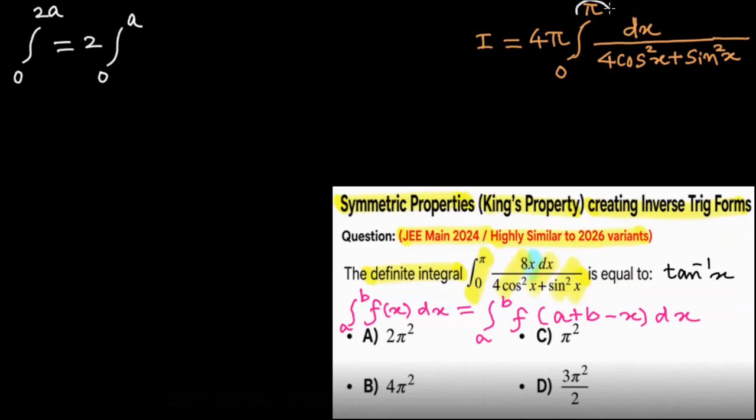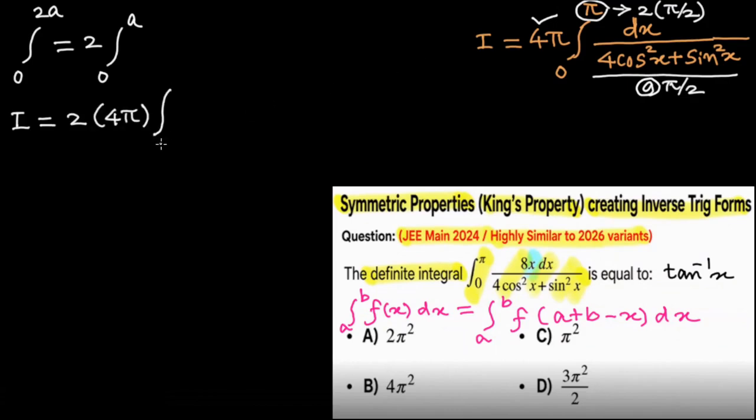Here this pi is 2 times pi by 2, because this denominator is symmetric around pi by 2, because the values are symmetric about pi by 2. So now I becomes 2 times this 4 pi integral from 0 to pi by 2 dx upon the denominator.